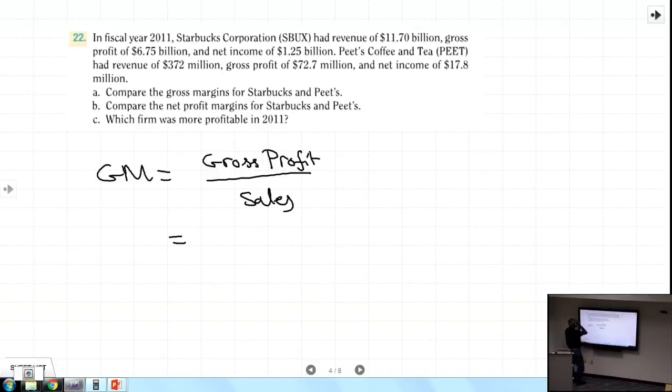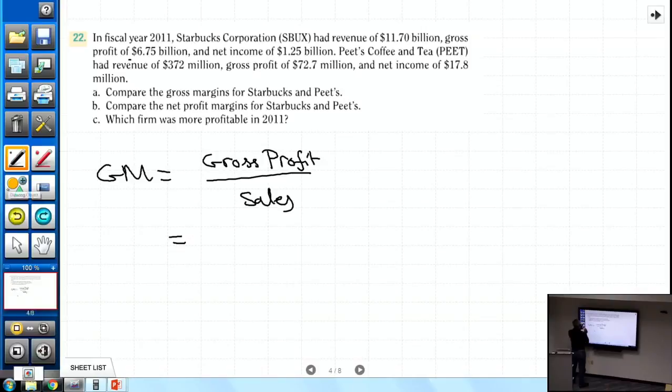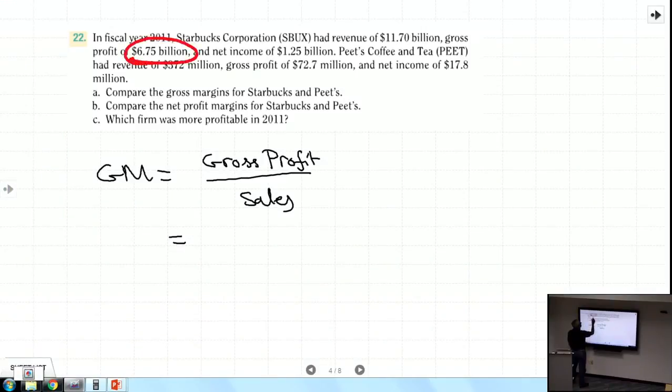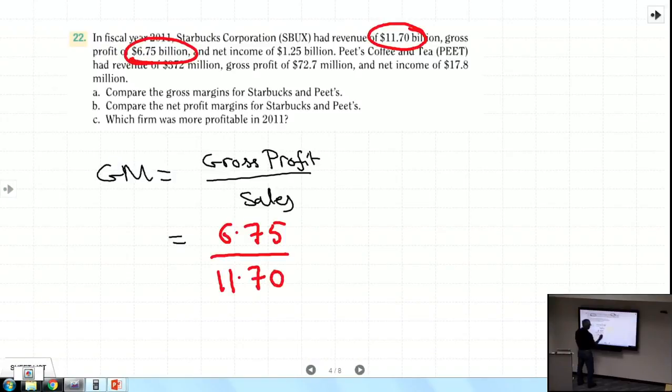So gross profit for Starbucks is 6.75 and revenue 11.70. So 6.75 divided by 11.70 gives us 57.69.